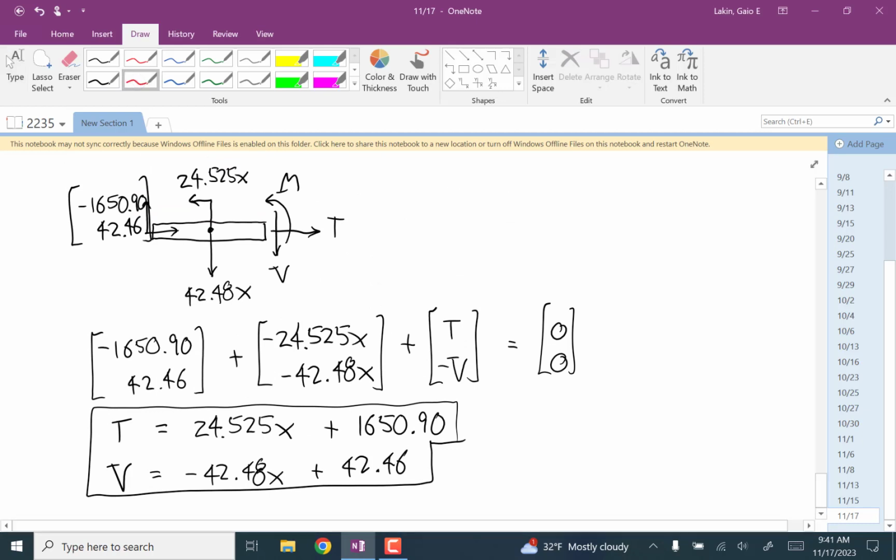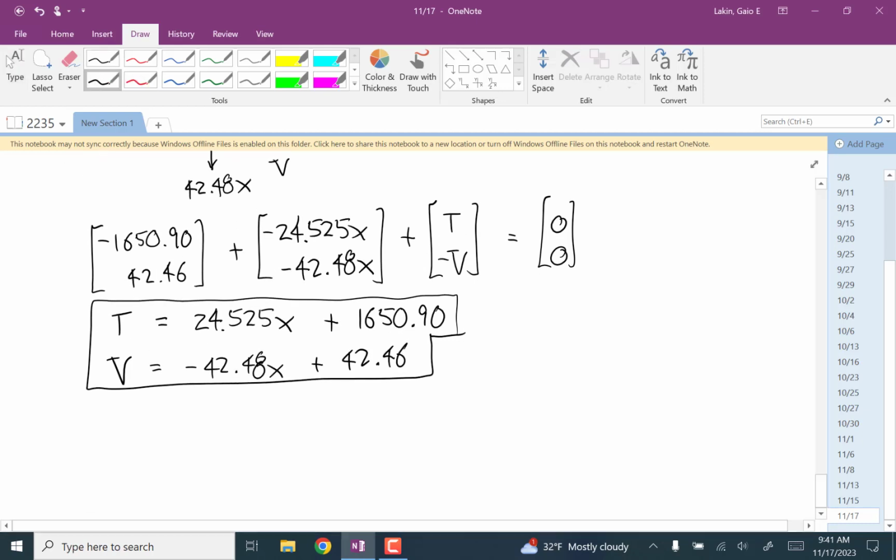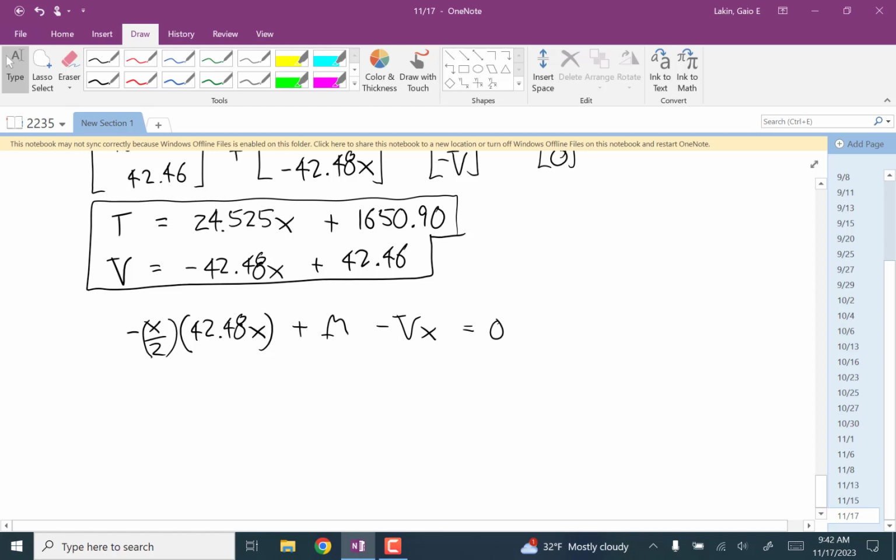And the moment about the left end, we have negative x over 2 times 42.48x plus M minus Vx is equal to 0.